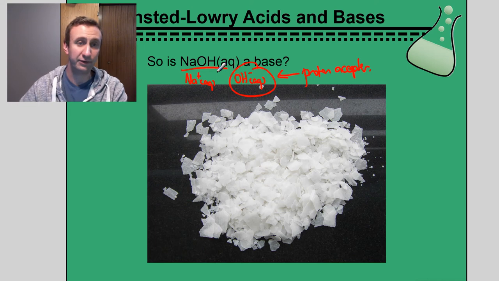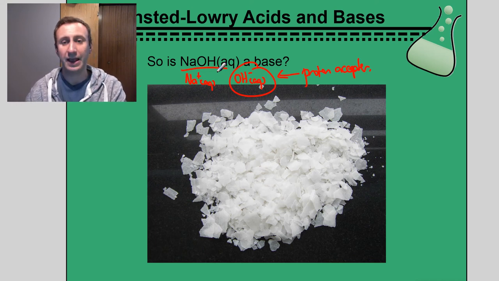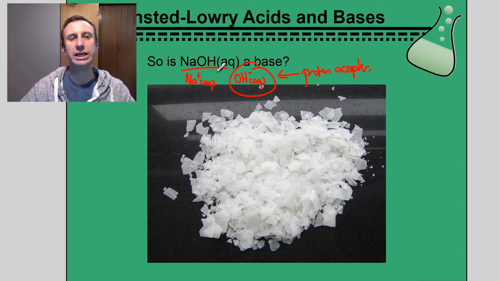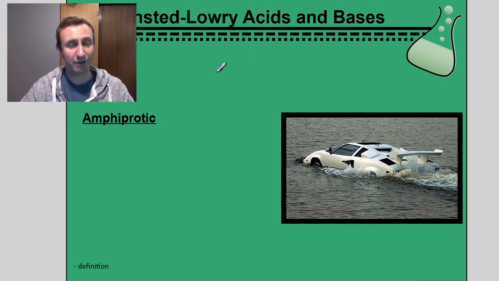Is NaOH aqueous a basic solution? Yeah, of course it is. And that's because it has the hydroxide ion in it. So we've got to be really specific when we're talking about what the acid or the base is. And again, like always, whenever we have an ionic compound, we need to dissociate into the two ions before we analyze how it is as an acid or a base, again, if it's ionic.